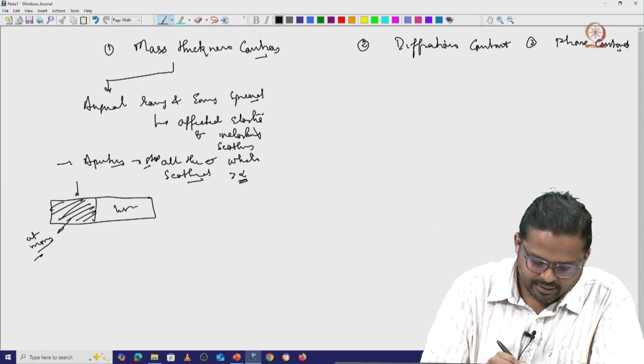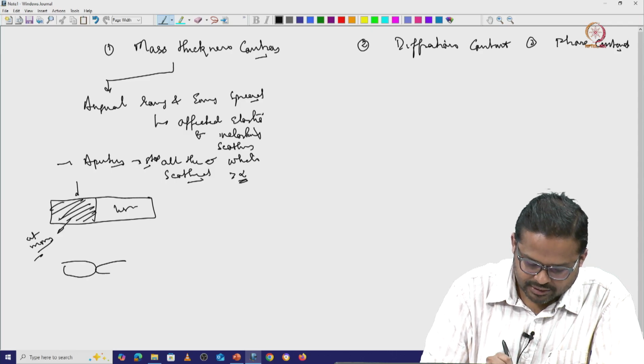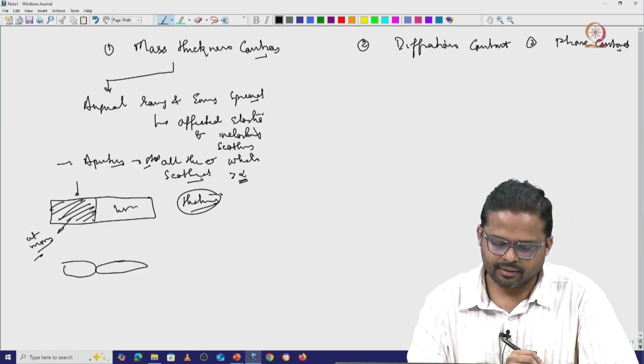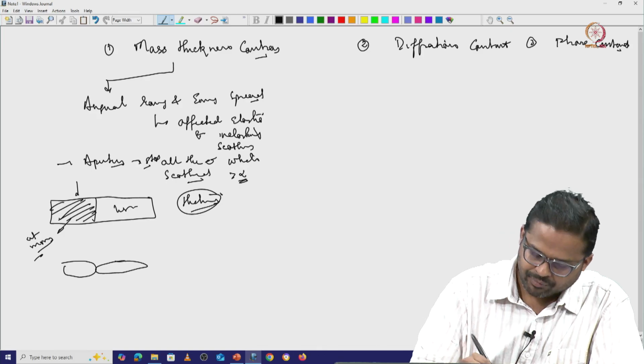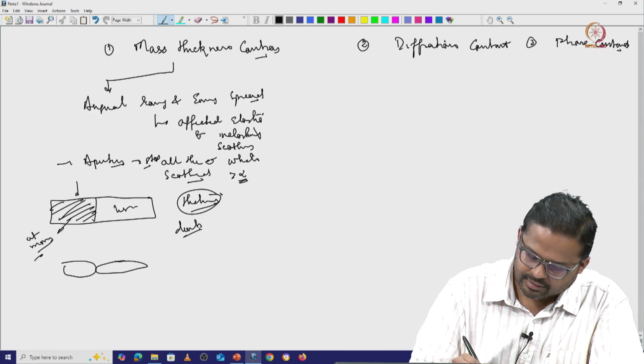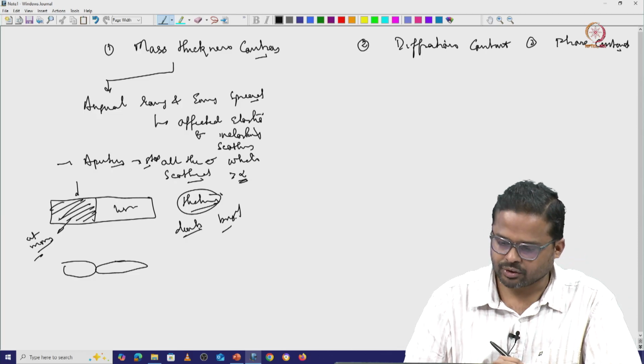So, you will get a dark contrast in this region and a bright contrast in this region. Similarly, the thicker regions of the sample will have a dark contrast, and the thinner regions will have a bright contrast. This is a very simple mass thickness contrast.